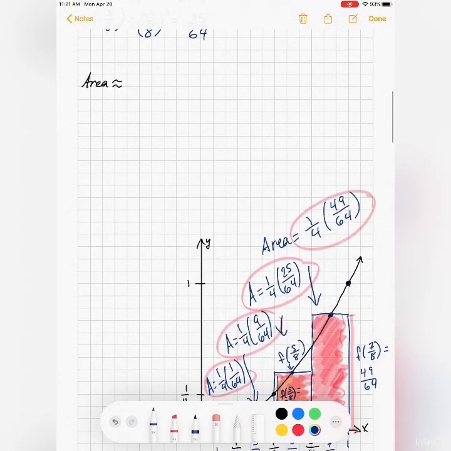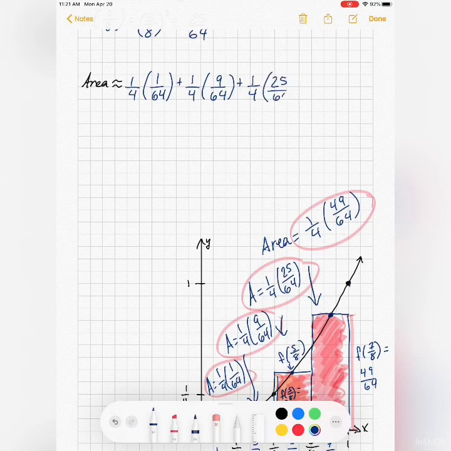So let's see, I have a quarter times 1/64. I have a quarter times 9/64. A quarter times 25/64. And a quarter times 49/64.